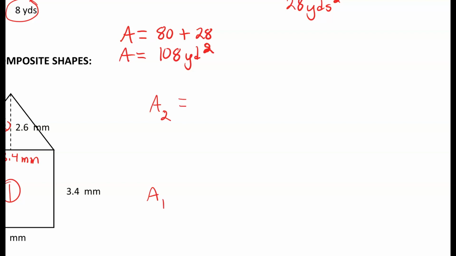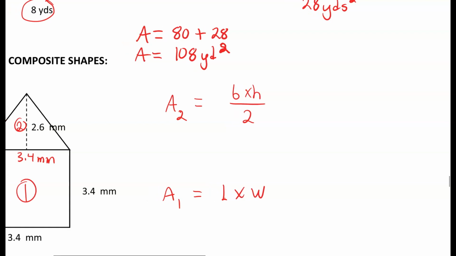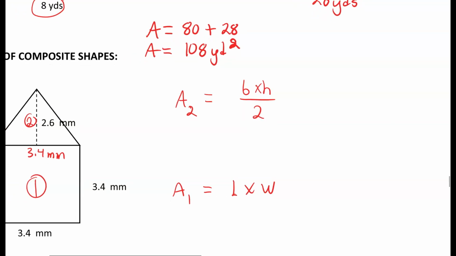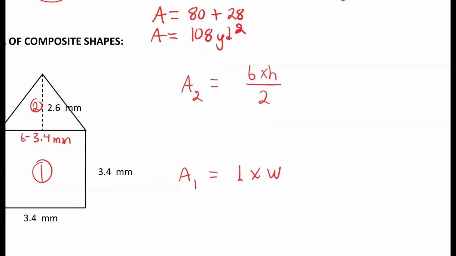So area of the triangle is going to be base times height over 2, and area of the square is going to be length times width. Address the triangle first. If we're using base times height, here is our base, here is our height.